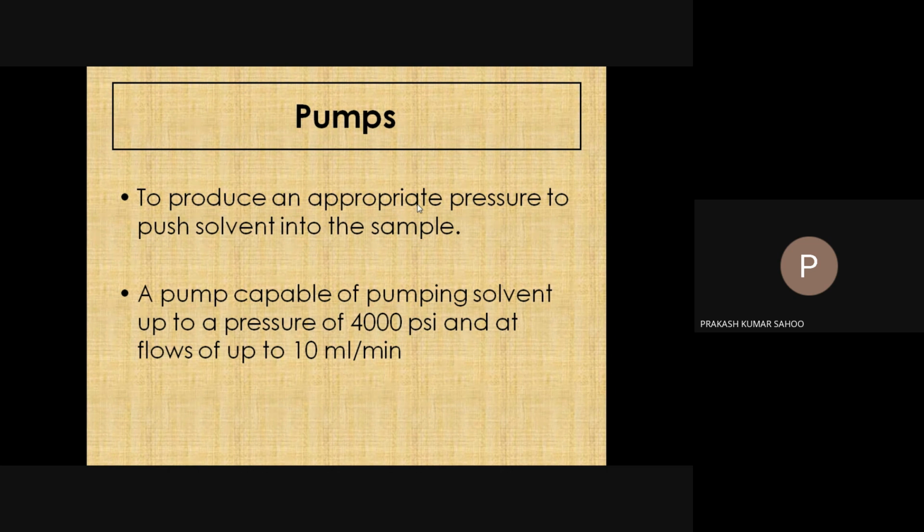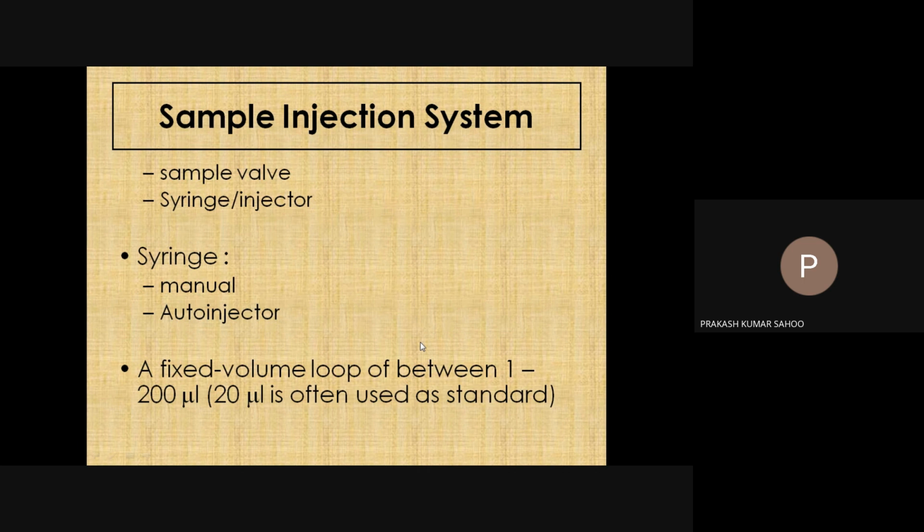A pump capable of pumping solvent up to a pressure of 4,000 psi and at flows of up to 10 milliliter per minute. This is some standard data for a standard pump in HPLC.